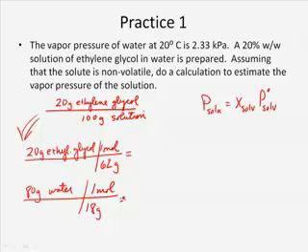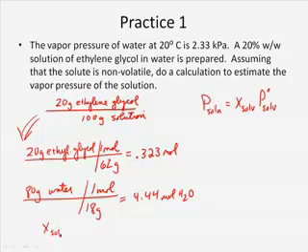So let's see what we've got there. I have 0.323 moles of ethylene glycol and 4.44 moles of the water. So the mole fraction of my solvent, which is the water, is going to be 4.44 moles over 4.44 plus 0.323, and that's moles also.